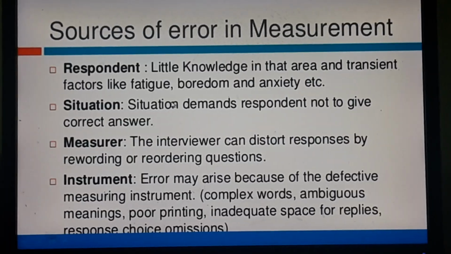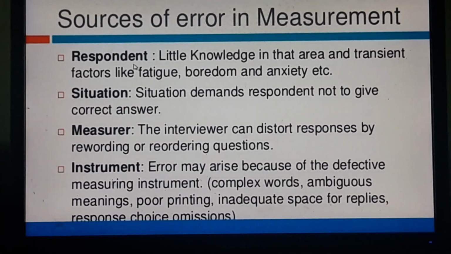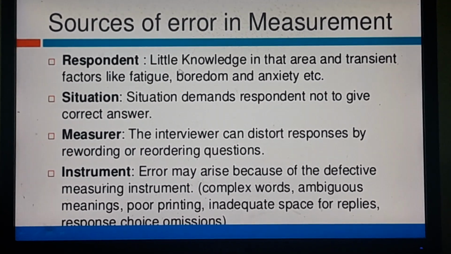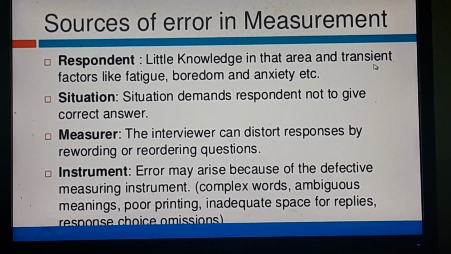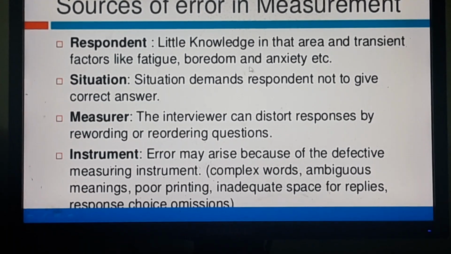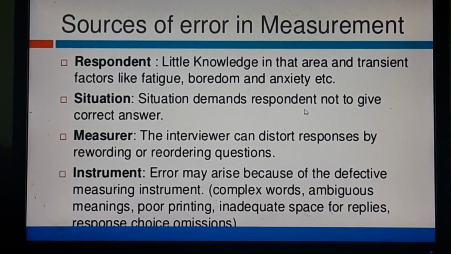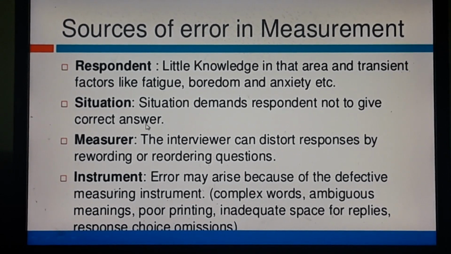Now we shall discuss the sources of errors in measurement. There are some sources of errors in measurement or measurement scales. The first is the respondent. For example, the respondent may have little knowledge in that area, and transient factors like fatigue, boredom and anxiety, etc. The situation sometimes demands that the respondent not give the correct answer.